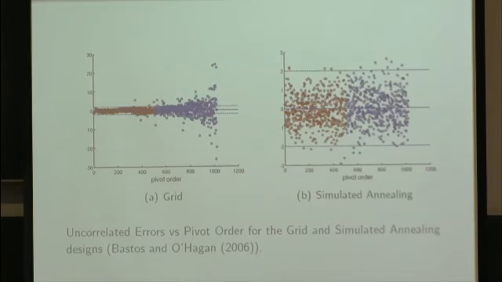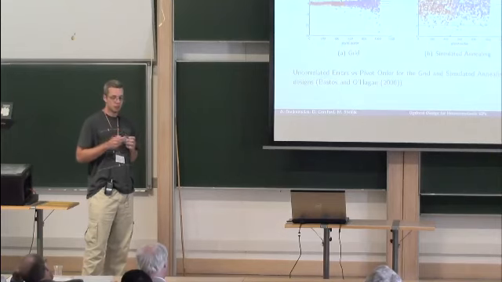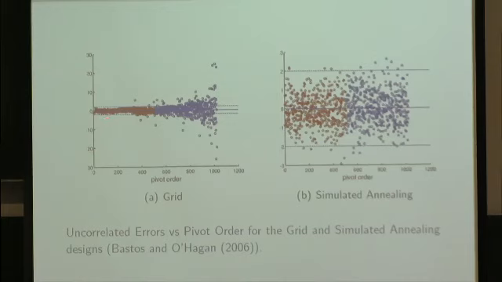I won't tell you any of the details, but what you want to see is the errors spread nicely and uniformly like this. If you see structure in the error like this, depending on the structure, it can tell you where your parameter estimation errors lie. In this case, the pivot order on the bottom tells you the kind of distances where the errors happen.